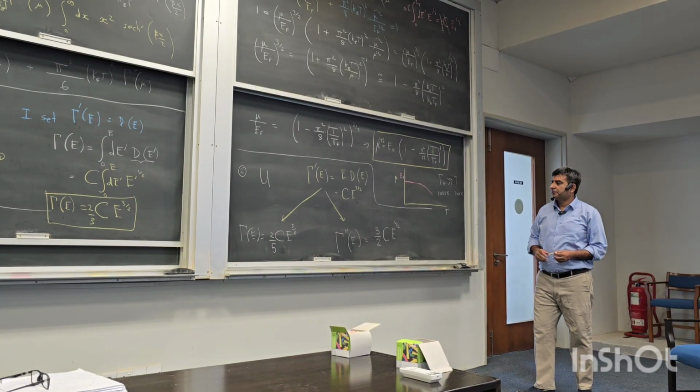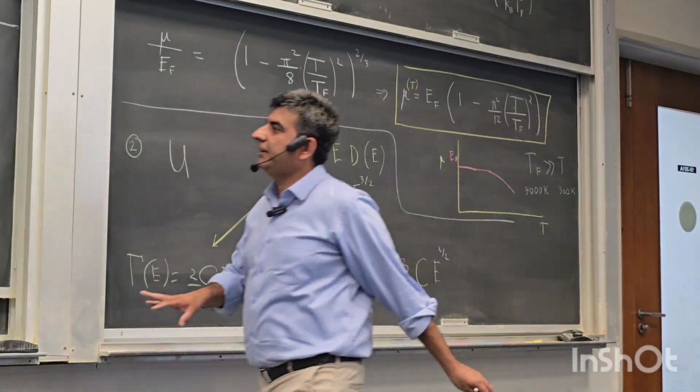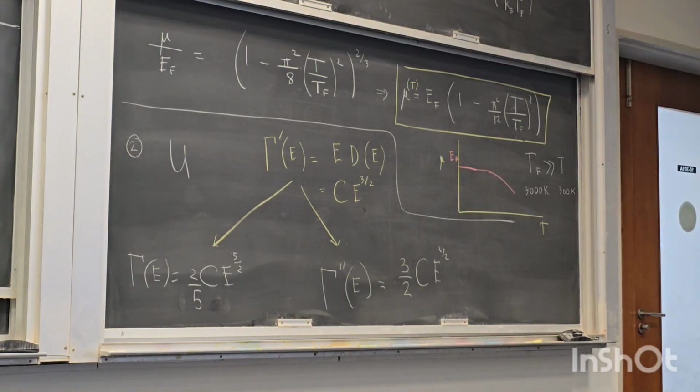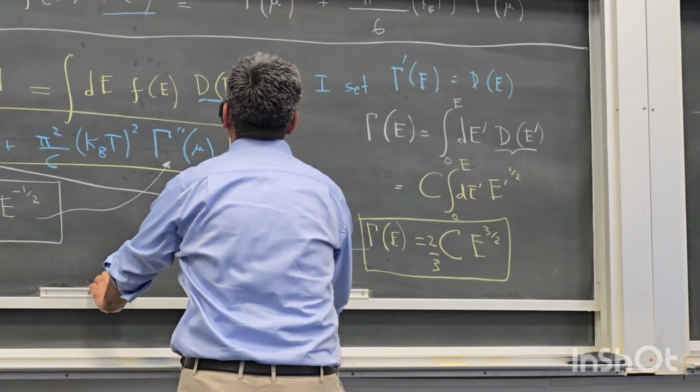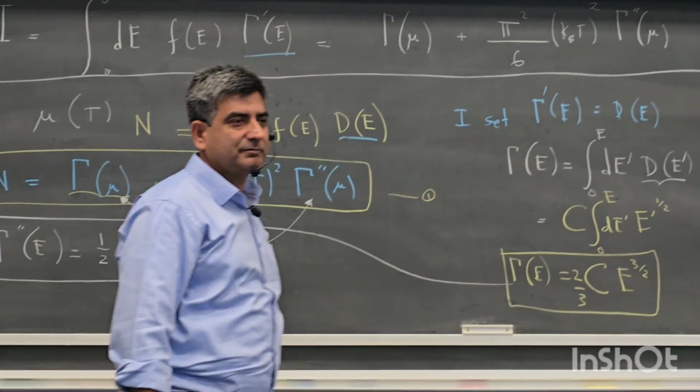Right? So now I insert these expressions into my Sommerfeld integral while replacing E with mu, the chemical potential.